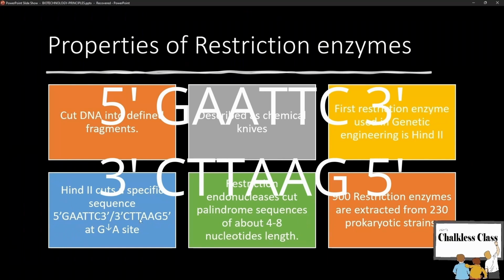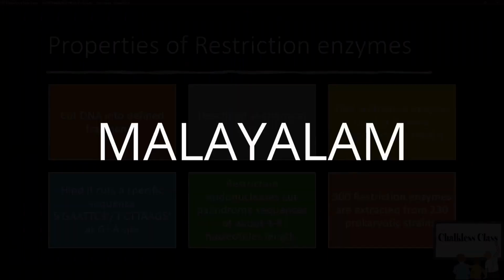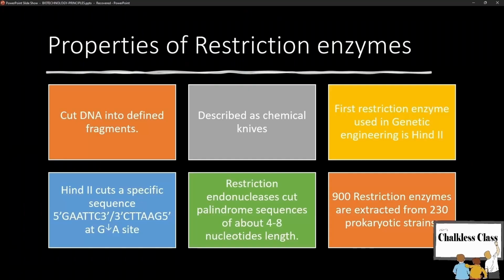So this is a palindromic sequence. If we read it from both directions, it gives the same meaning, or it has the same wording. Those are called palindromic sequences. One more example is the word Malayalam, which is also a palindrome. But the palindromic sequences contain 4 to 8 nucleotides in length.